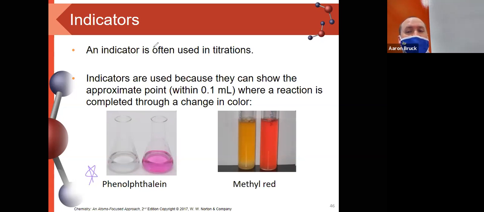But for other kinds of titrations, phenolphthalein is an inappropriate indicator because it doesn't change color at the right spot, and that's where these other indicators would come in.